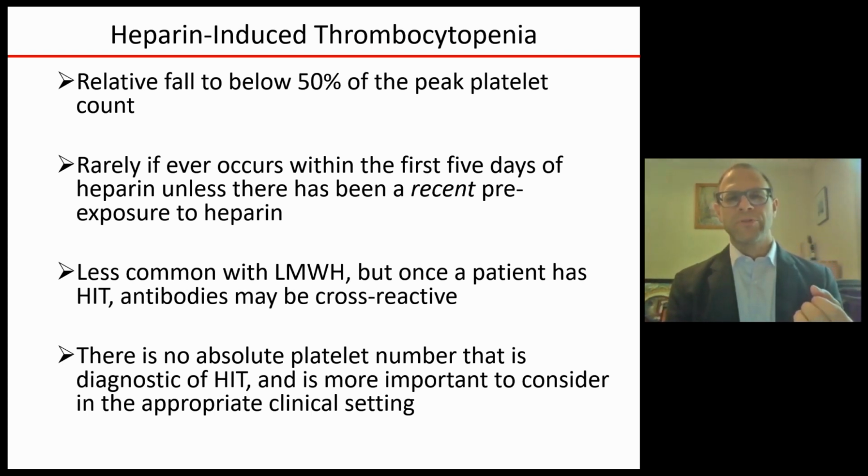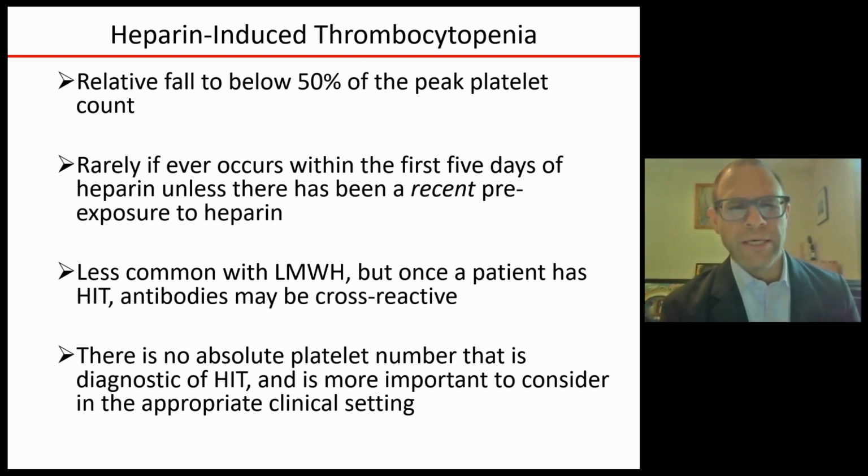When that 4T score is elevated, then we assume that they have HIT pending the test results, and critically, we act on it. We don't wait because we don't want blood clots to form, and these blood clots are arterial or venous. So if platelets are falling, it's important to consider this diagnosis.